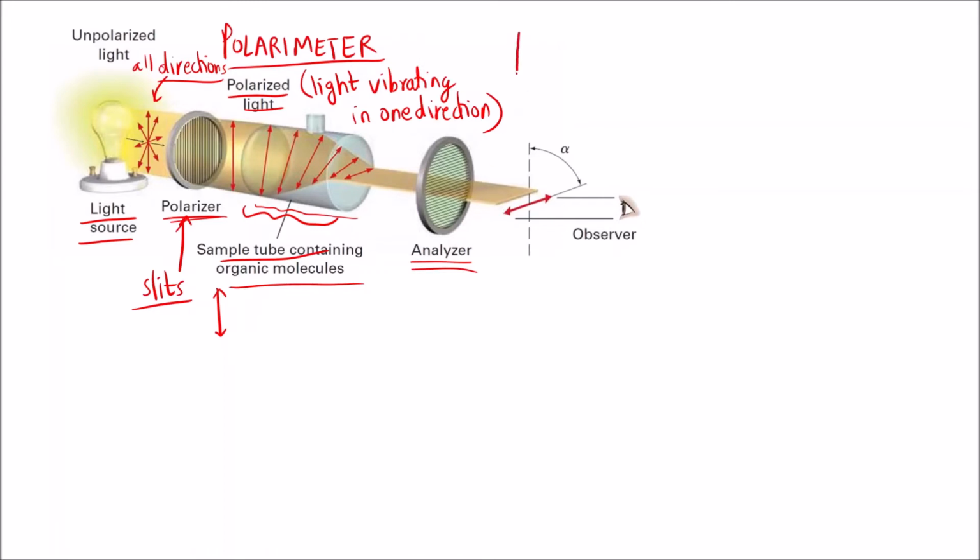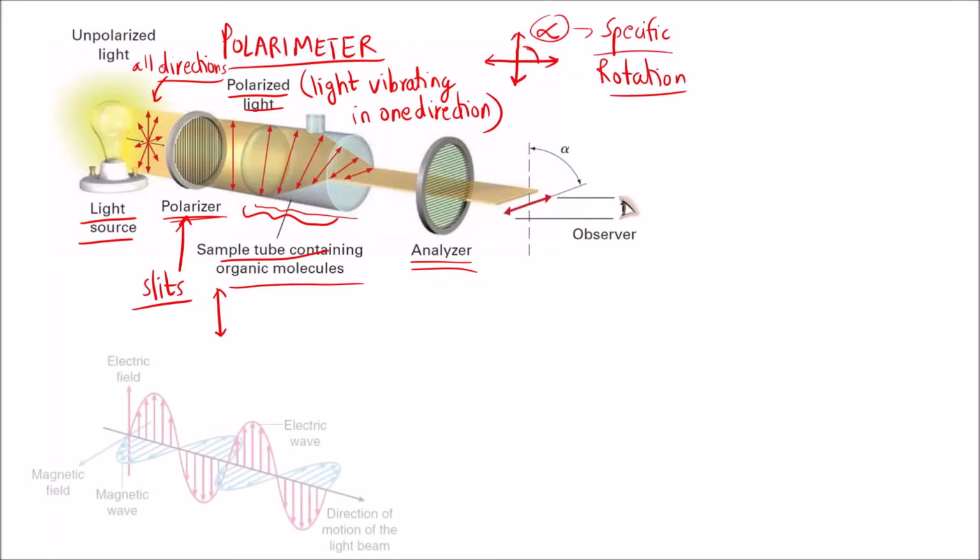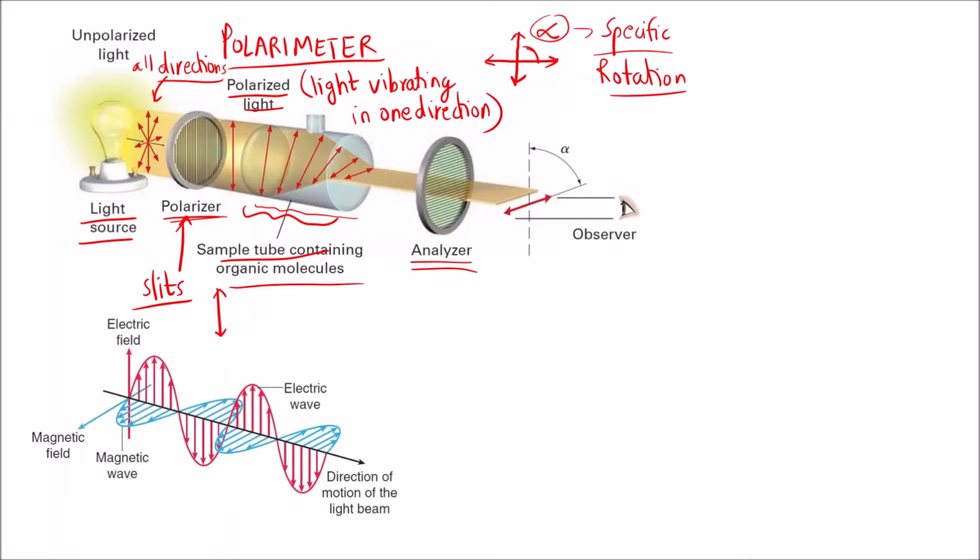Initially the direction was vertical, and then the direction became horizontal. This change in the angle of the polarized light, that is alpha, is called specific rotation. So these are the basic components of a polarimeter.